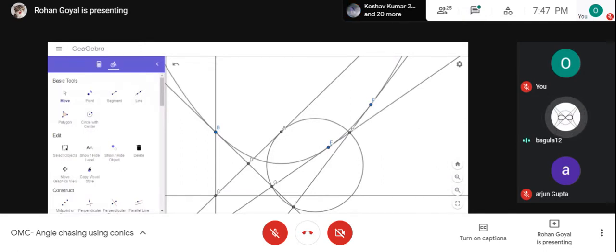BD bisects angle ABC, right? So that would also be true for E, because E is also on the tangent. I have a hunch it would be some sort of angle chasing. Actually, no angle chasing at all.